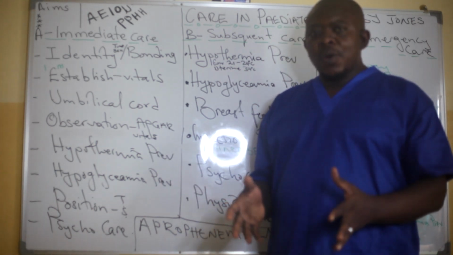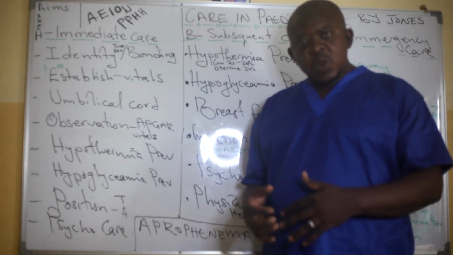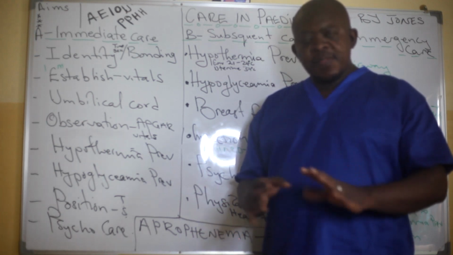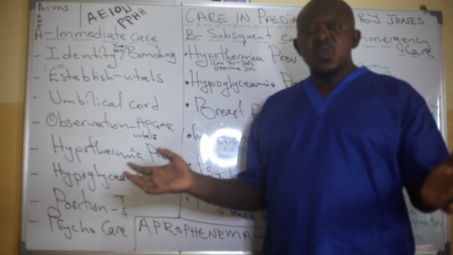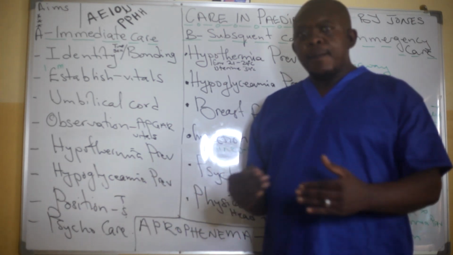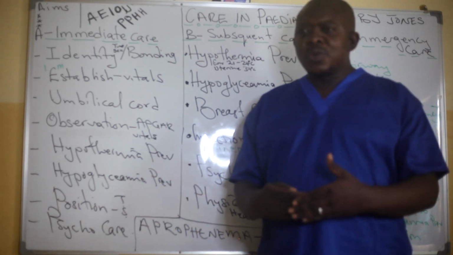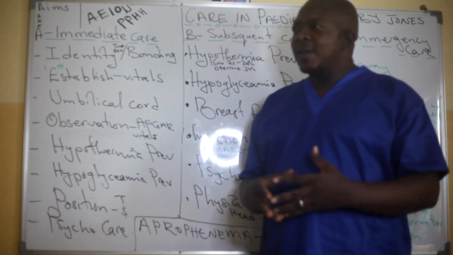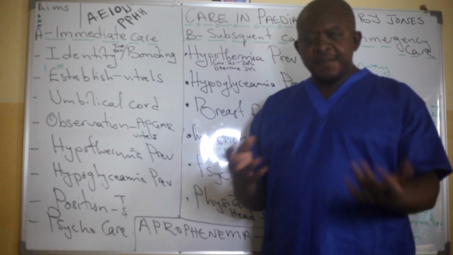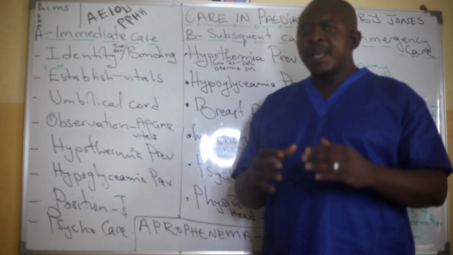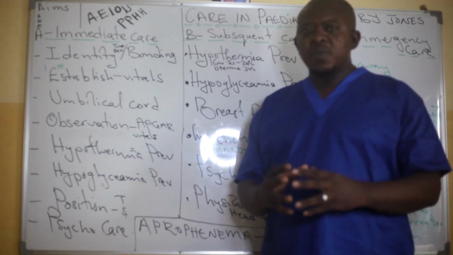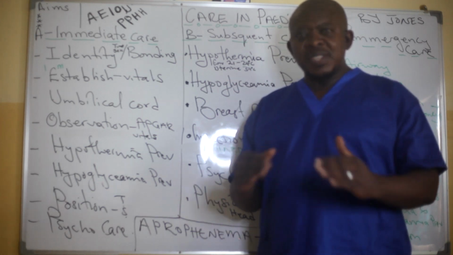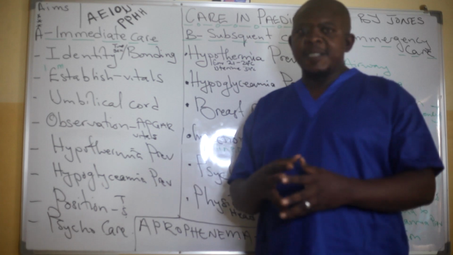The Apgar score has scoring from 0 to 10. 7 to 10 is good, with no asphyxia. 4 to 6 indicates moderate asphyxia. 0 to 3 indicates severe asphyxia, where the baby has problems with breathing. Any score below 7, you have to notify the doctor.